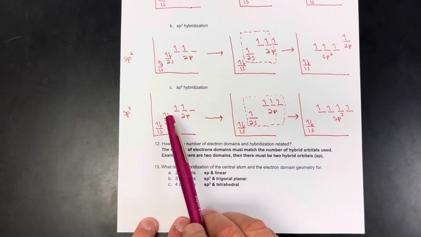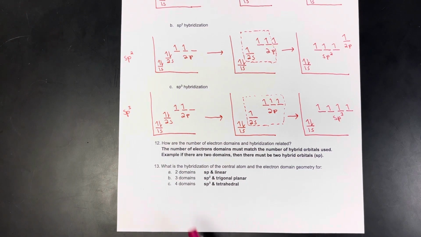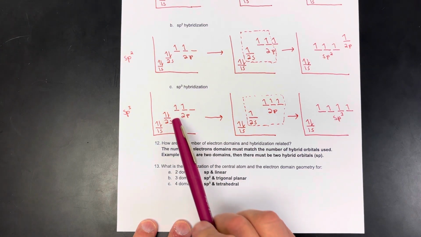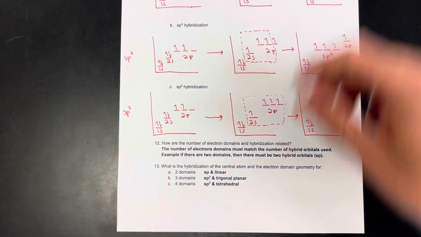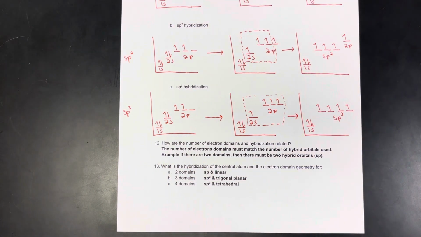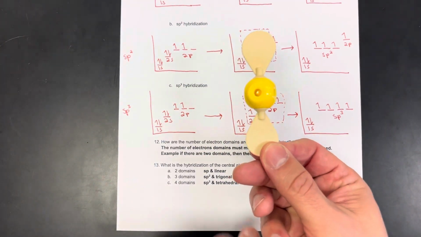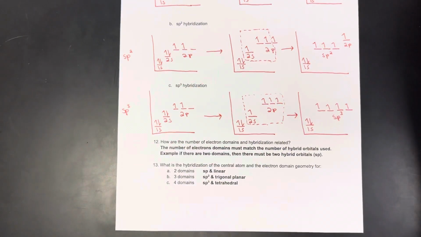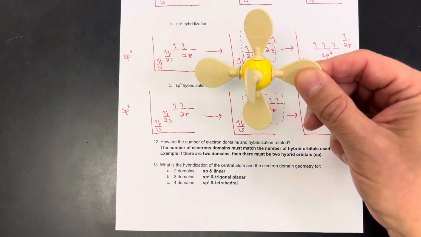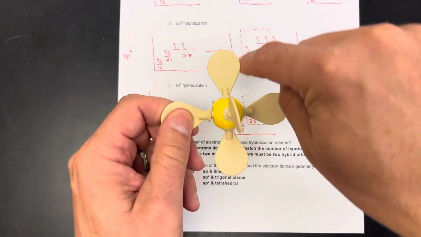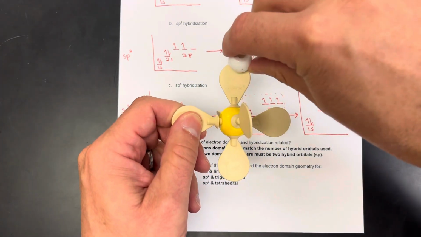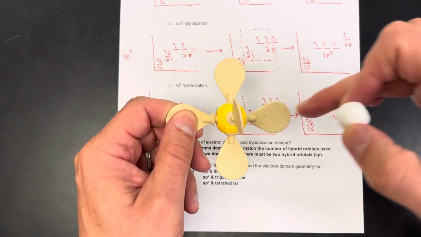In addition, these p orbitals are locked in at 90 degrees, okay? So this is like the X, Y, and Z axis, like if we had p orbitals on the X axis and on the Y axis and then the Z axis, we would get something that looks like this. And if hydrogens came in to bond here, they would be at 90 degrees.